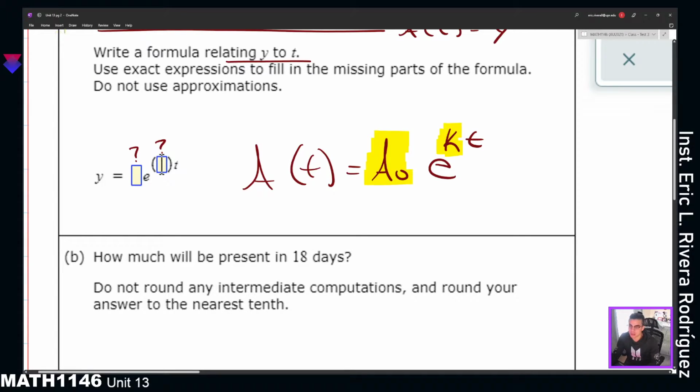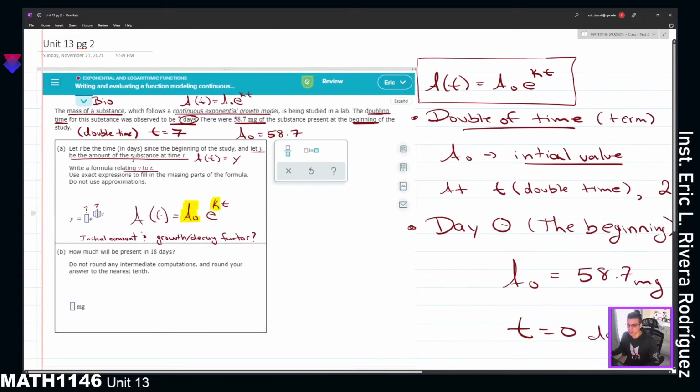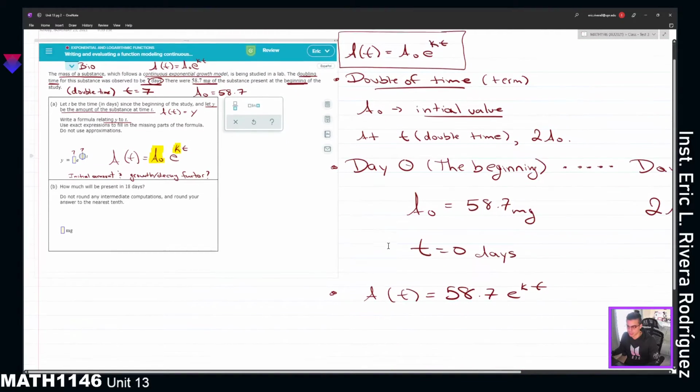So what we are missing is the initial amount and the growth decay factor. If we find those two, we solve the problem. Okay. So from the information that we got, let's see if we have those two.